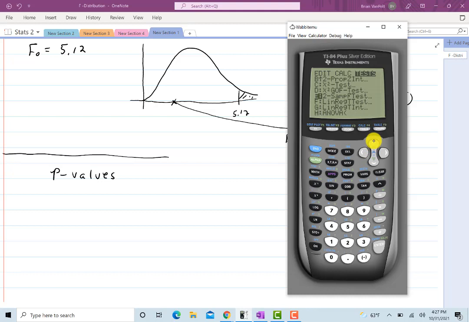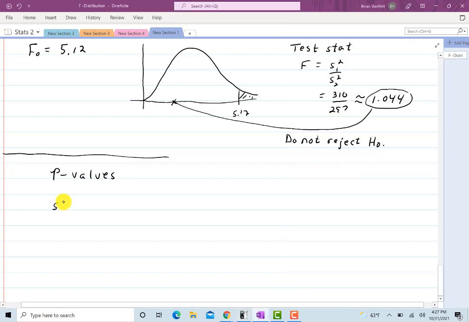See letter E, 2SampFTest. So let me write this down so you can refer back to it. We're going to do Stat, and then we're going to choose Tests, and then letter E, which is the 2SampFTest.